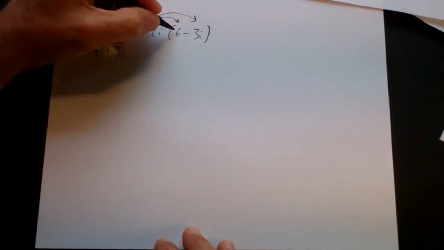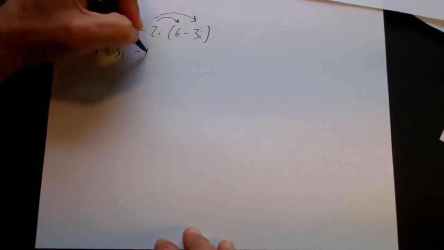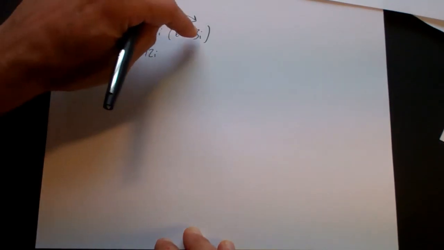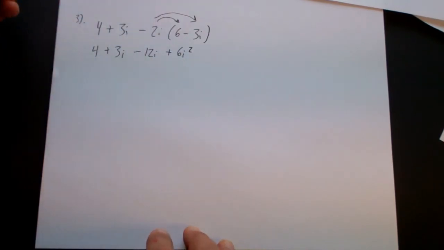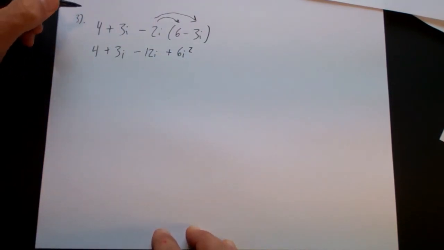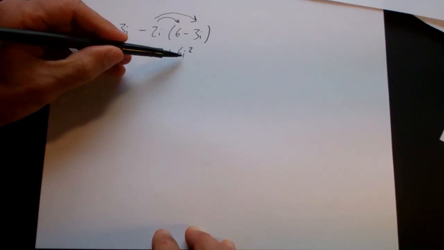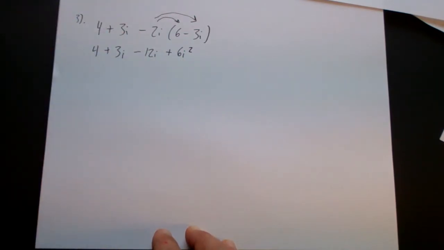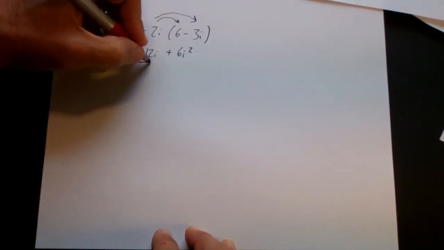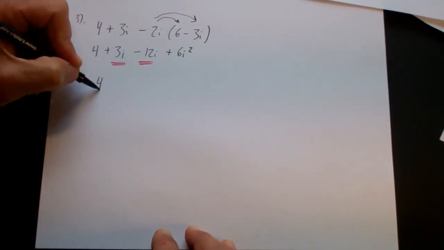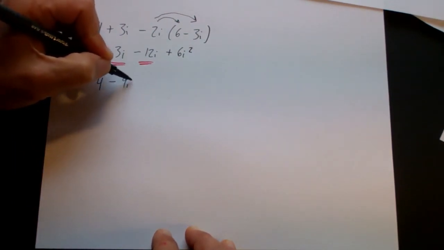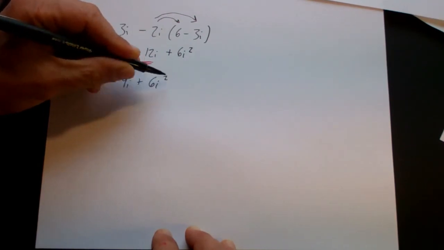The negative 2i times 6 would be a minus 12i. Minus 2i times minus 3i would be a positive 6i squared. Now at this point you could simplify the i squared immediately. What I do first though is I combine like terms. So the 3i and the minus 12i are like terms.